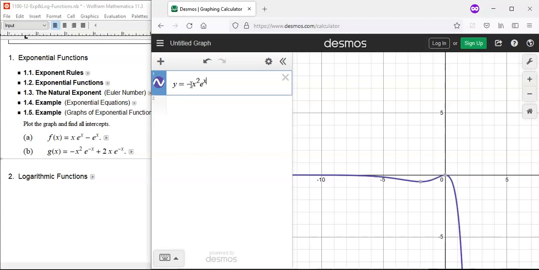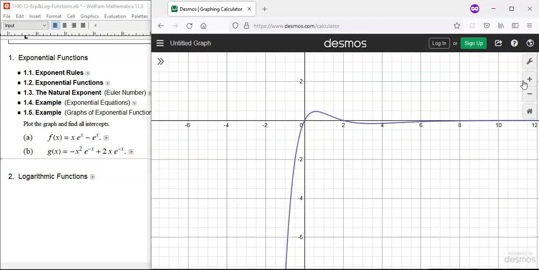E to the negative x power plus 2x e to the negative x power. Okay, that's the graph. Did I copy everything correctly?